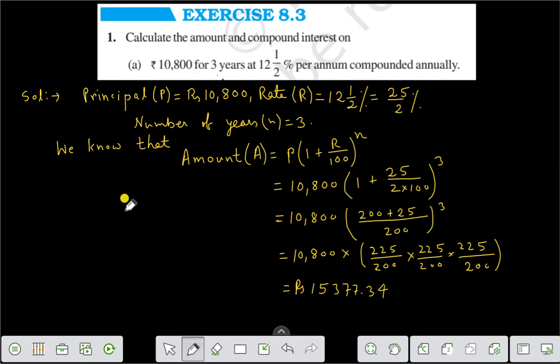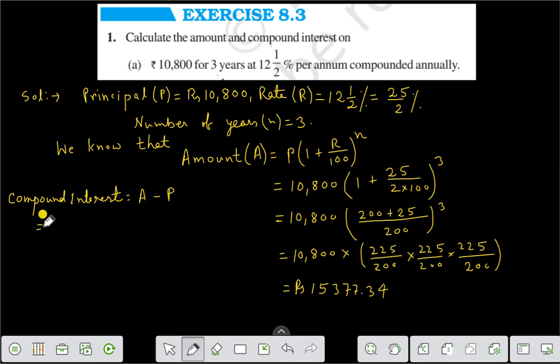And we find the compound interest. That is CI, compound interest is equal to amount minus principal.